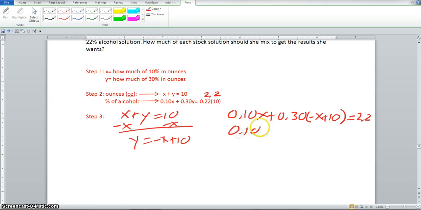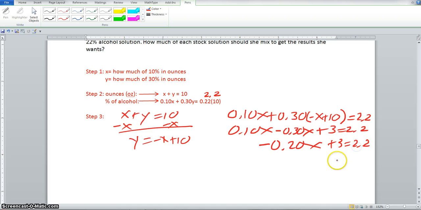So we have 0.10x. Now 0.30 times a negative x will give us a negative 0.30x, and 0.30 times 10 will give us 3, and that equals 2.2. So 0.10x minus 0.30x will give us a negative 0.20x, plus 3 equals 2.2. Subtract 3 on both sides, and you have negative 0.20x is equal to a negative 0.8.